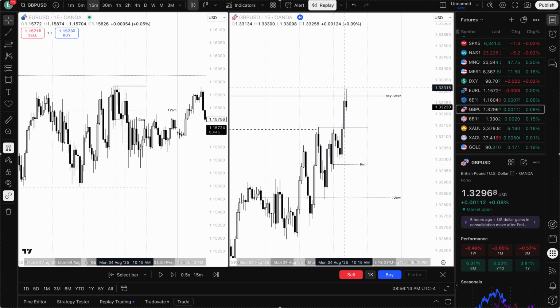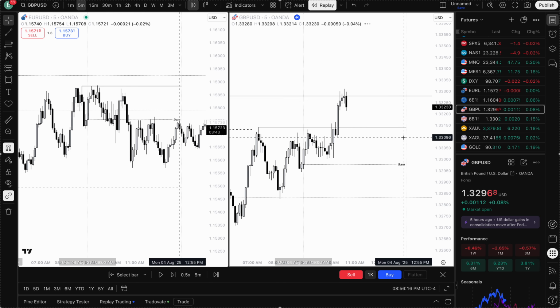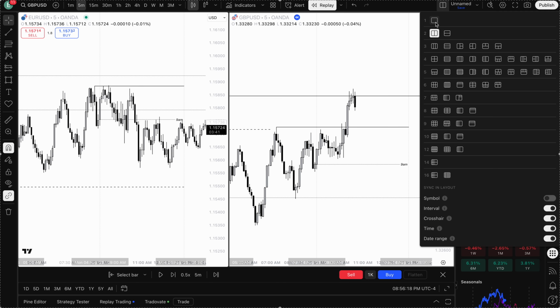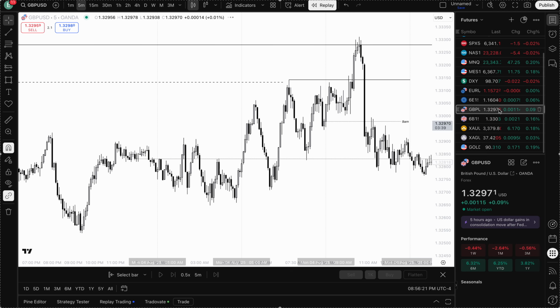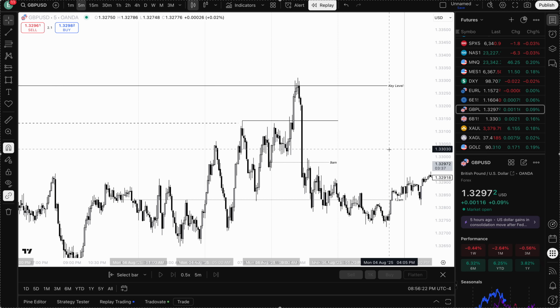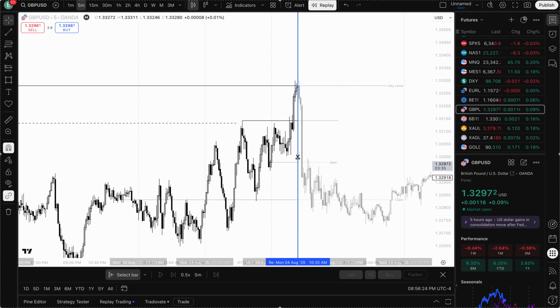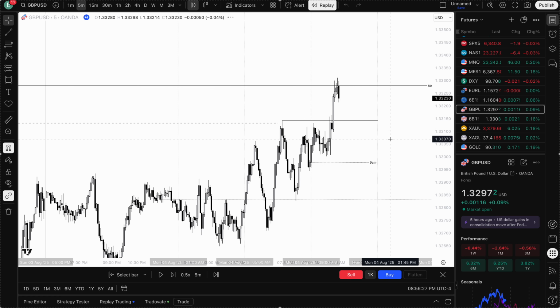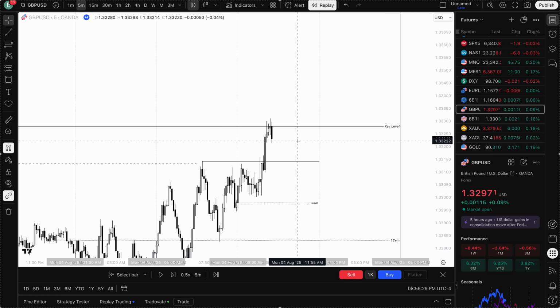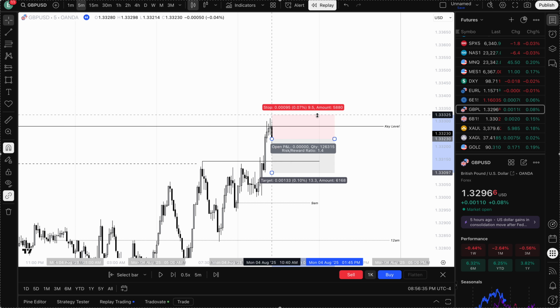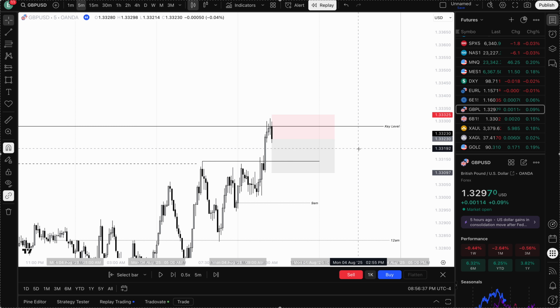This hits the key level, 5-minute time frame. Hits the key level. We get this close right there. As soon as that closes, I entered short. Stop loss above the high.